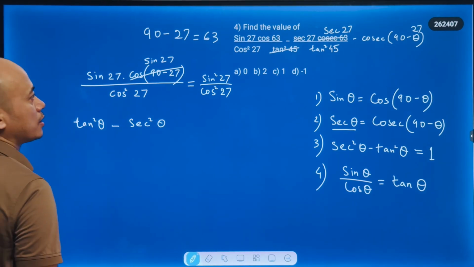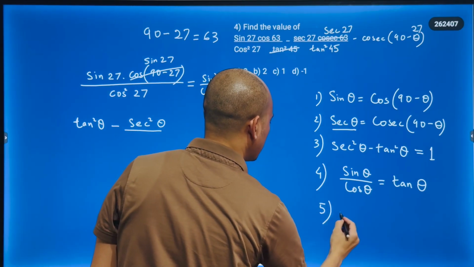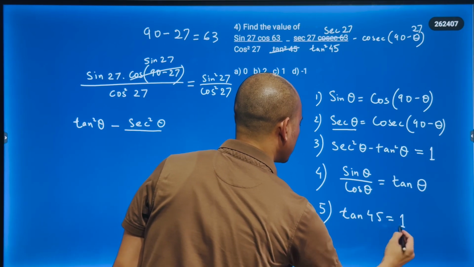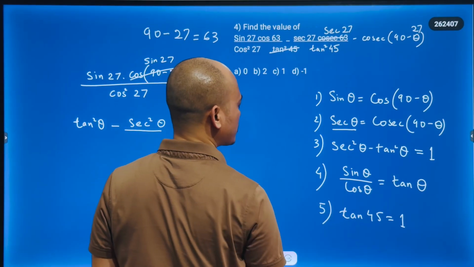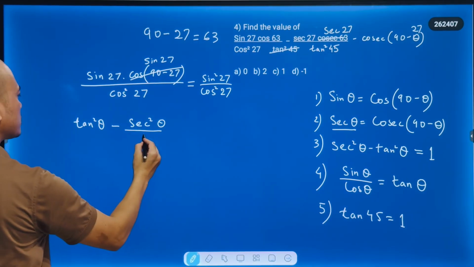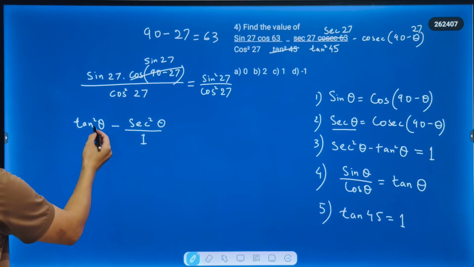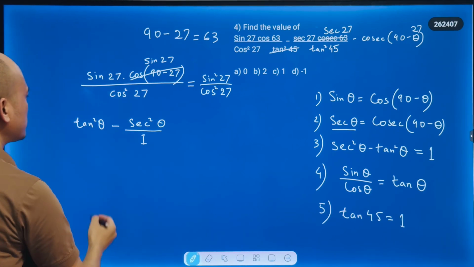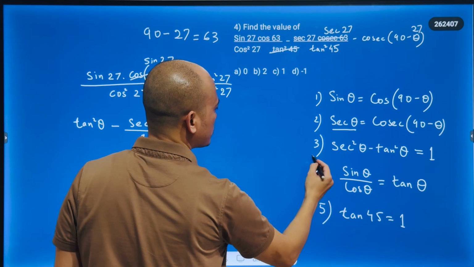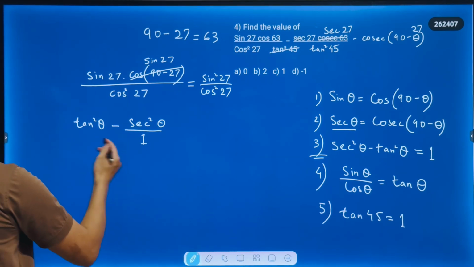And the lower part, the value of tan 45 is equal to 1. So tan square 45 means 1 square, which is just 1. It does not hold any value. So this becomes tan square 27 minus sec square 27, which is same as tan square theta minus sec square theta. Now we use the identity sec square theta minus tan square theta is equal to 1.